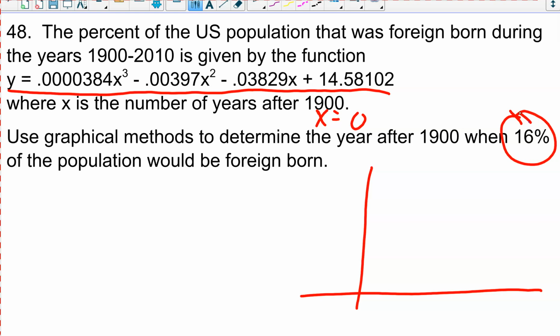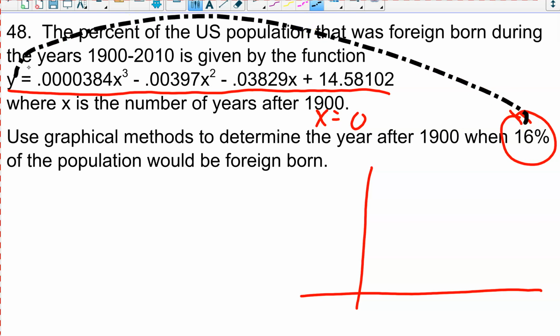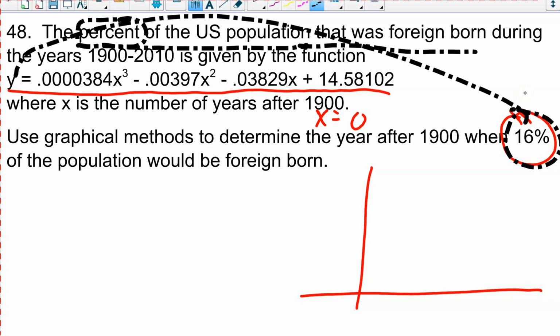This Y represents the percentage of U.S. population that was foreign-born. So that's going to go into there just as that because it's in percent. So it is 16%. That is going to go into your Y2. So go ahead and pause this right now and get that in your calculator.